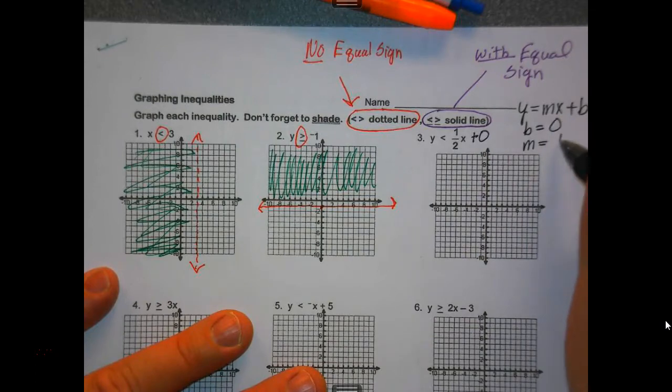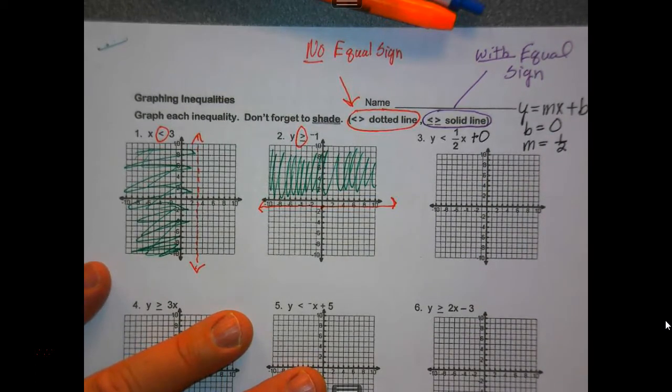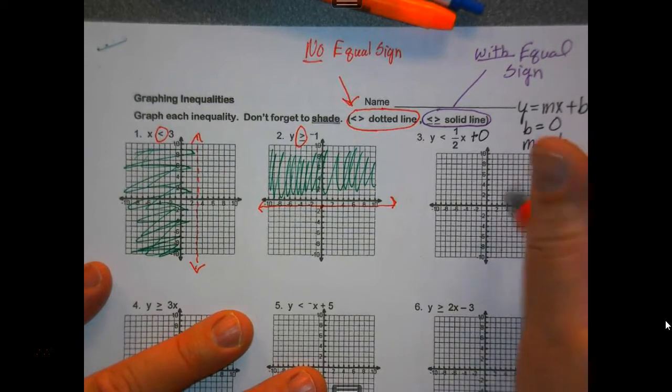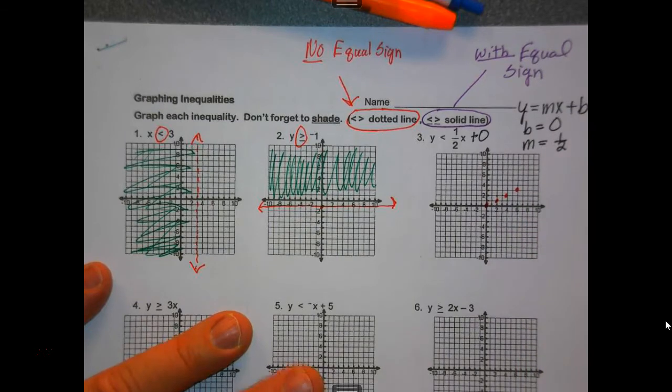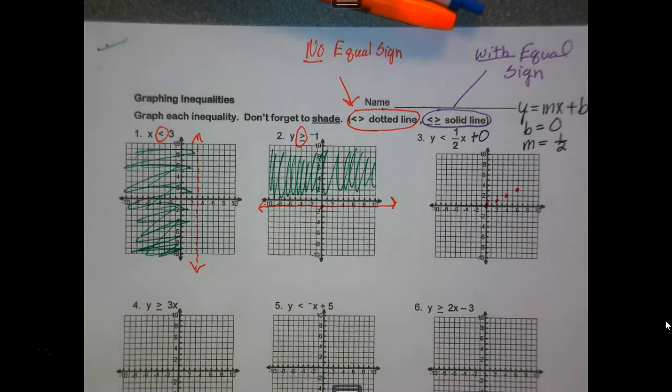My slope is 1/2. So I start at 0, y equals 0, and then go up 1, to the right 2, up 1, to the right 2, up 1, to the right 2. Remember we used a straight edge to draw our line.